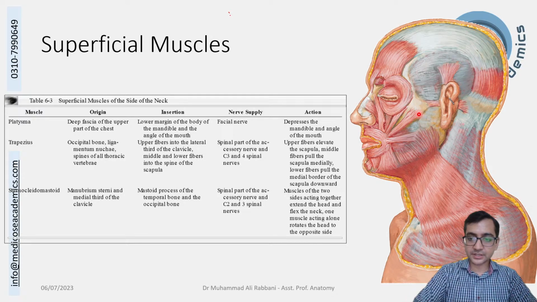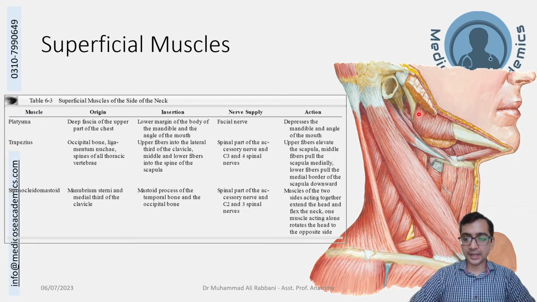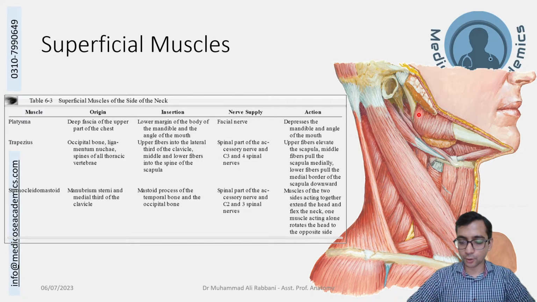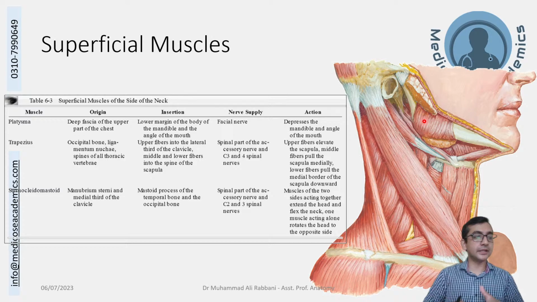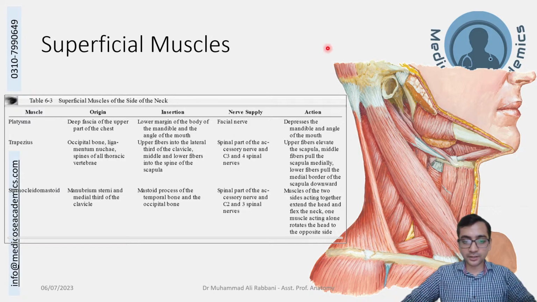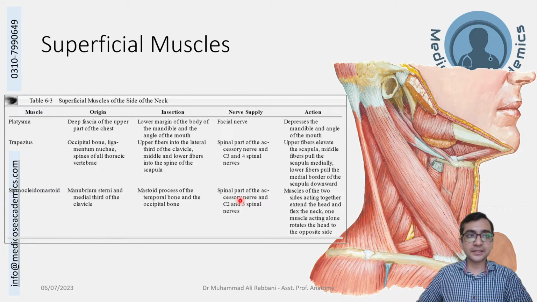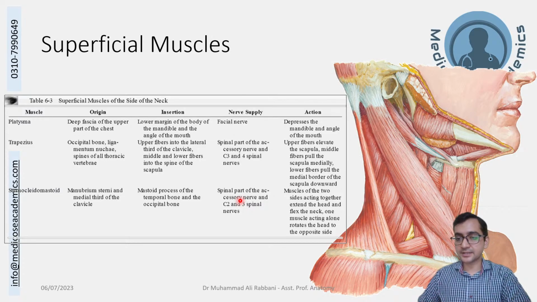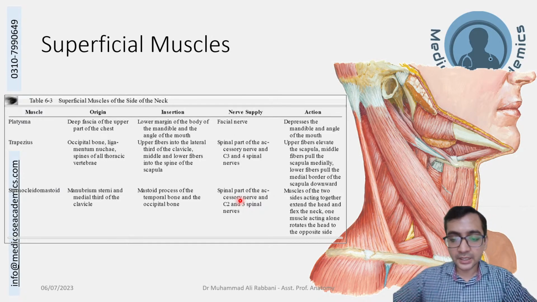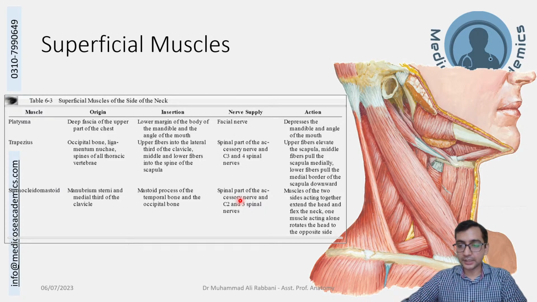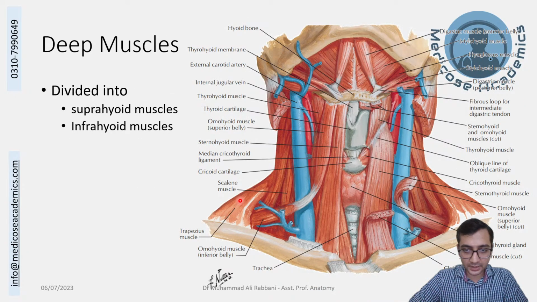The other two muscles both have the supply of the spinal root of the accessory nerve, and these are the only muscles supplied by it. In Snell and other books, you may find the supply by the transverse cervical nerve; in the last it is written transverse cervical nerve, and in Snell it is written C2, C3 spinal nerves. Basically, the nerves other than the spinal accessory nerve going to these muscles are sensory in role, proprioceptive in function.